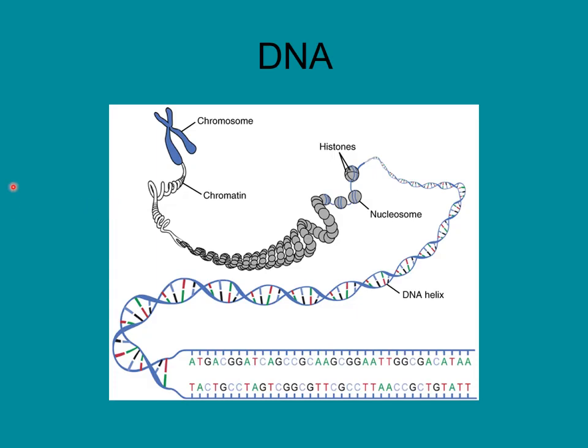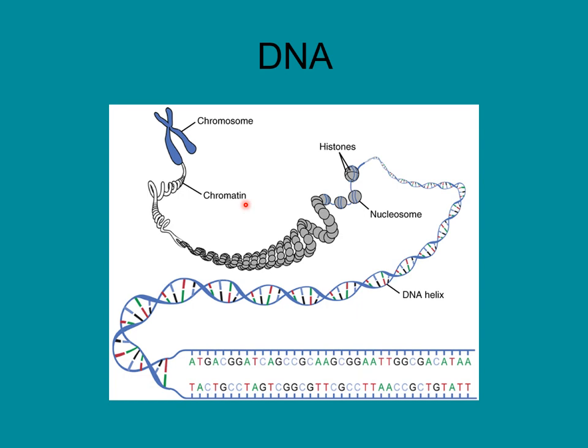Now, technically speaking, the terminology that we use when this is all very tightly coiled up, we call the DNA chromatin. What chromatin is telling me is that you have the DNA already wrapped around these histones forming the structure, and it's all tightly coiled up. That is the form the DNA usually is going to be in.